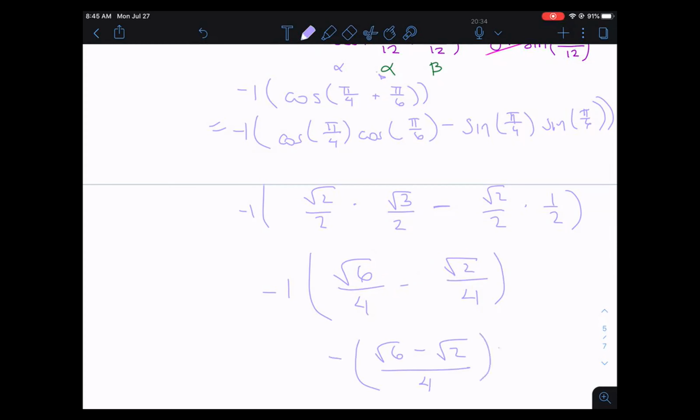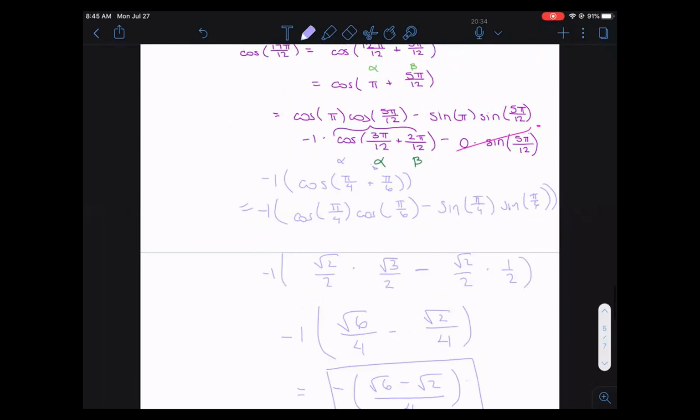You can leave the little negative on the outside. That's completely fine. So this would be your answer. And that's how you can basically do any kind of problem that requires more than one type of addition angle.